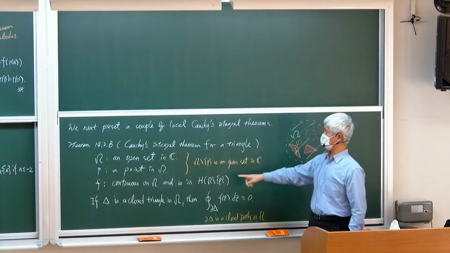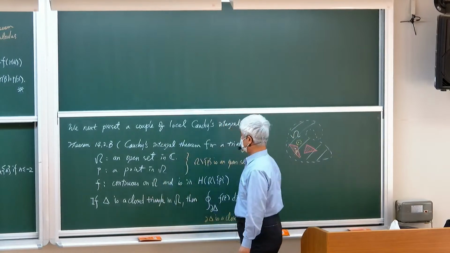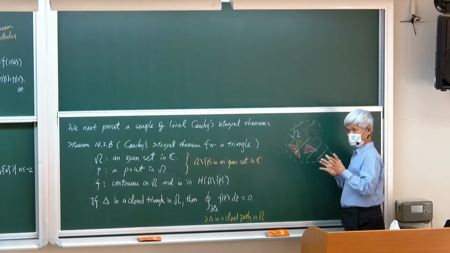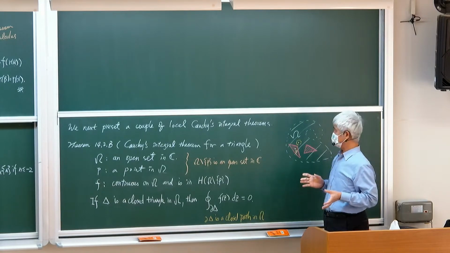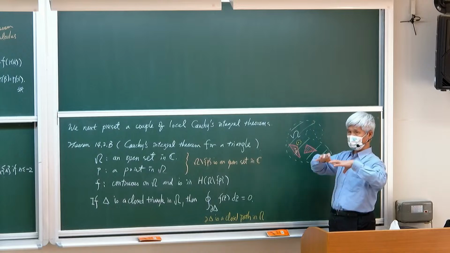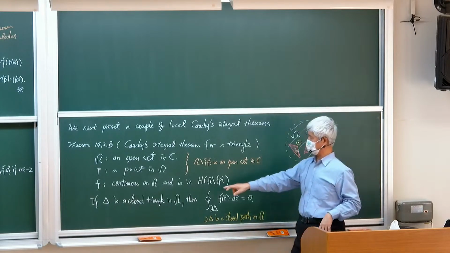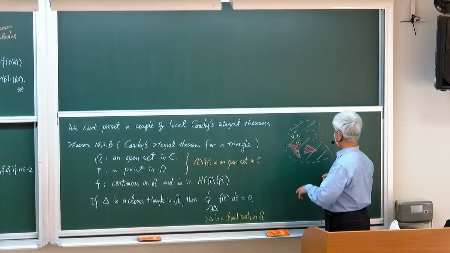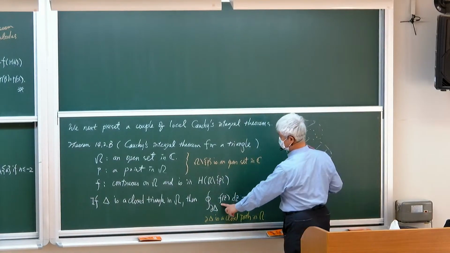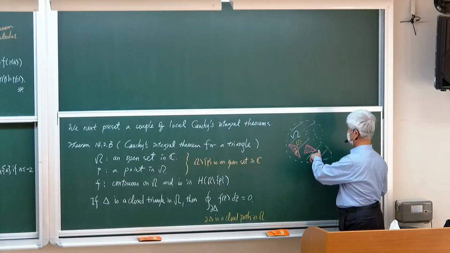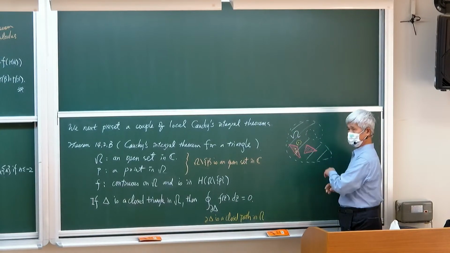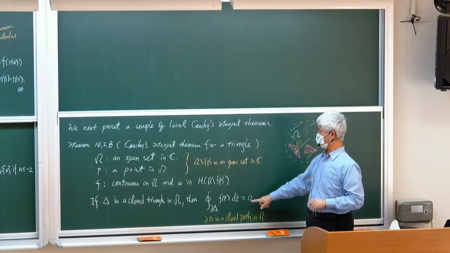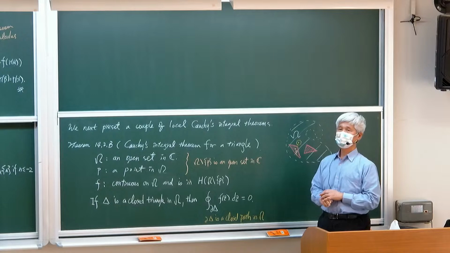Now, if we take a closed triangle contained in the open set omega, then the line integral of the complex function f over the boundary of the closed triangle, which is a closed path, will become 0.